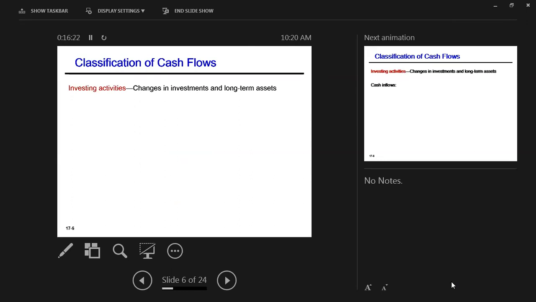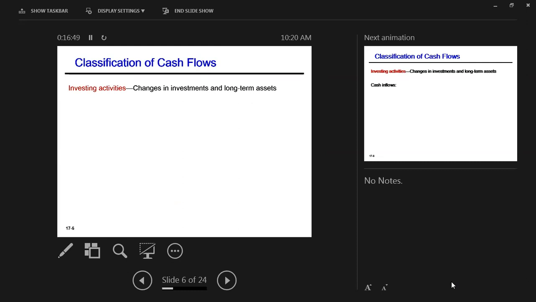We are talking about investing activities, and it deals with changes in investment and long-term assets. That means your investment is going to change. If you buy investment, your investment increases, right? If you sell investment, your investment decreases. If you buy property, plant, and equipment, it is increasing, and if you sell it, it is decreasing.